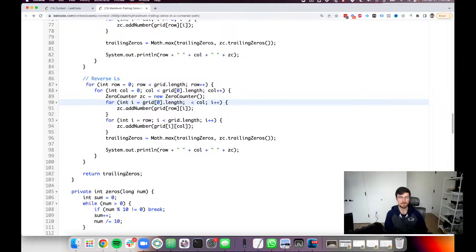I is greater than or equal to 0, and I minus minus. Right, so we're starting at the last column and iterating over, and then we're going down here.